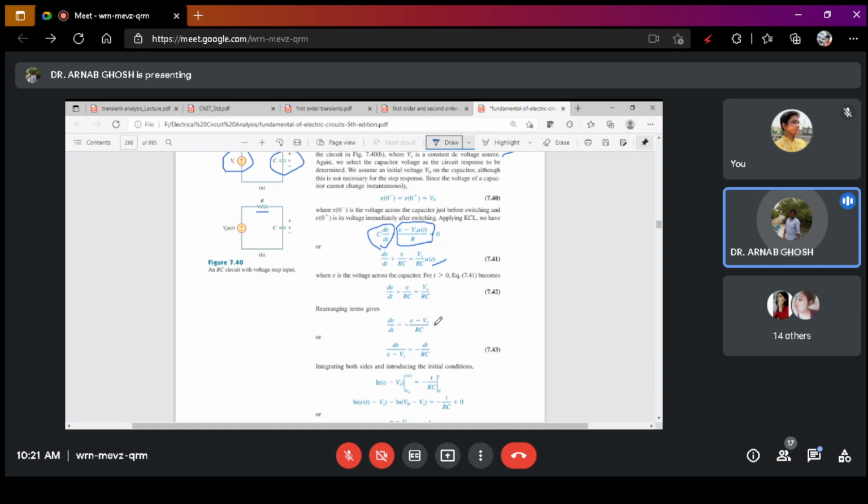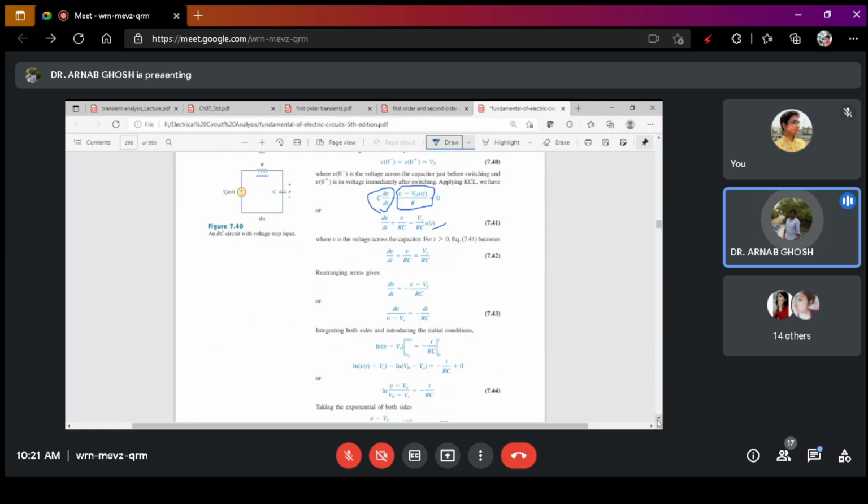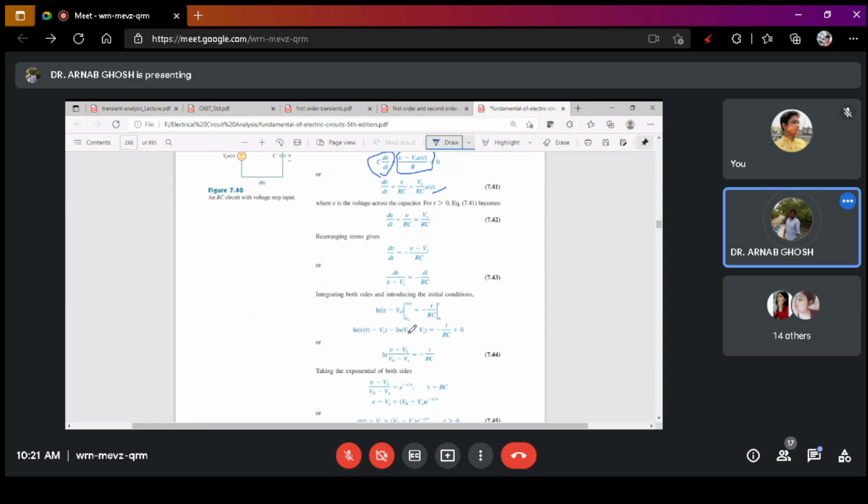If you rearrange this, you will get the expression that we discussed in the lab class last day. You are integrating this, which gives ln of (V minus Vs) equals minus t by RC.